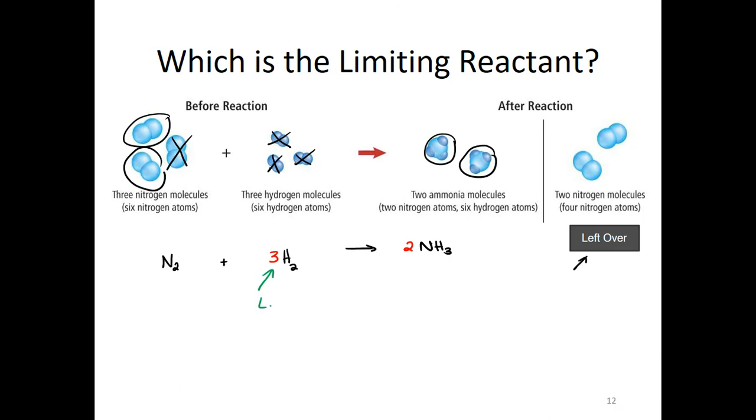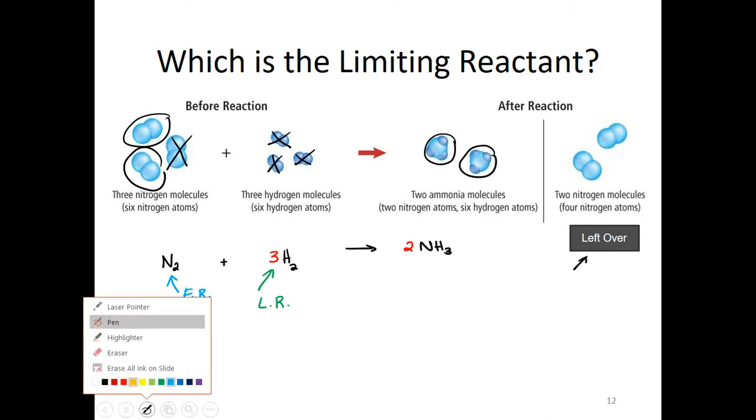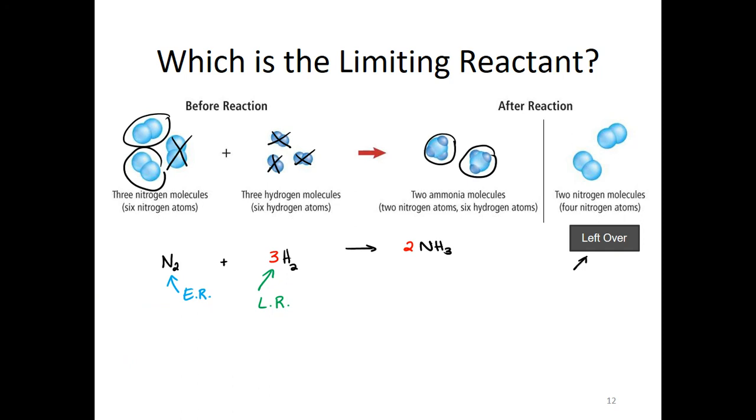Hydrogen is my limiting reactant, and nitrogen is my excess reactant. Okay, this is my excess reactant, and the amount of ammonia that I can actually produce is 2 molecules or 2 moles of ammonia, and that is my theoretical yield.